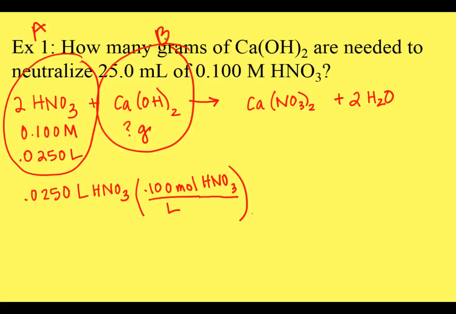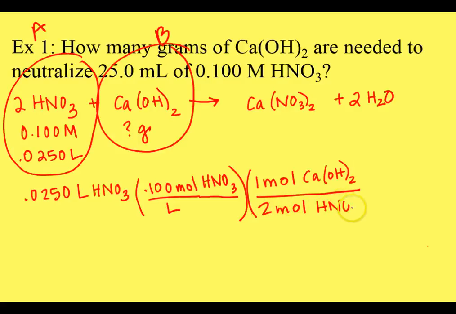And when we write our mole-to-mole ratio, it's always going to be B over A. So for every 1 mole of calcium hydroxide, there are 2 moles of HNO3. Keeping track of our units so far, the liters are gone, the moles of nitric acid are gone, and right now I have moles of calcium hydroxide.